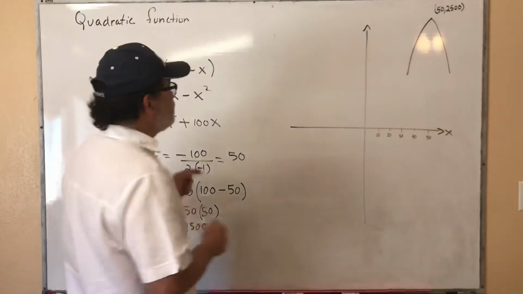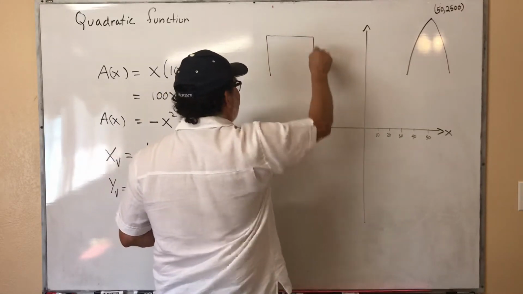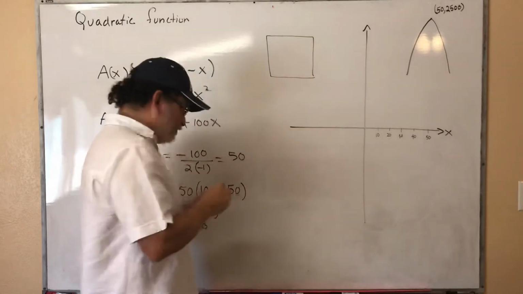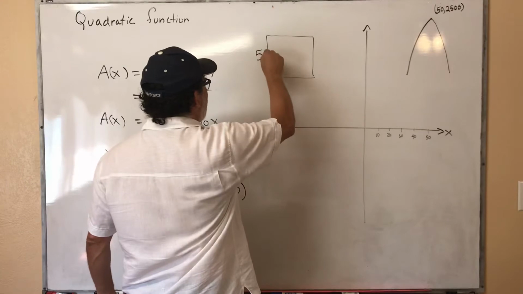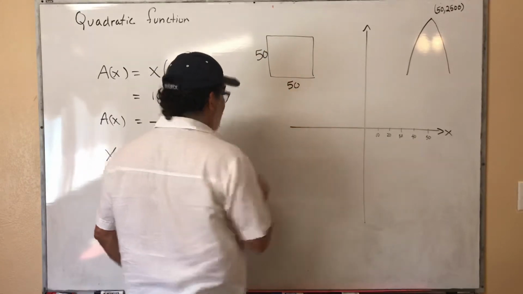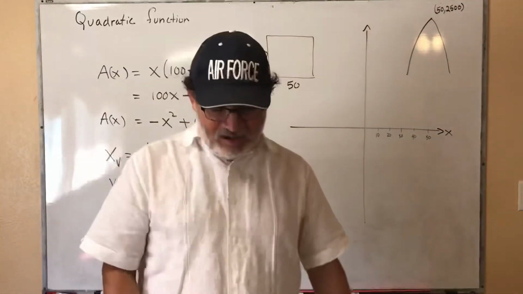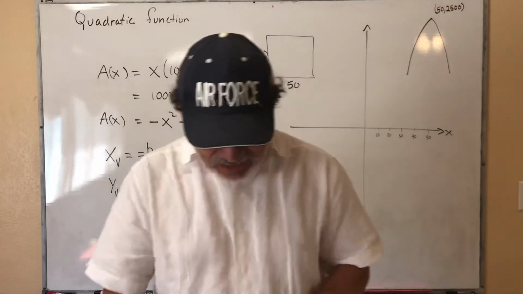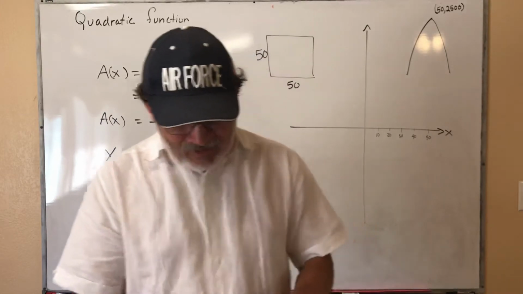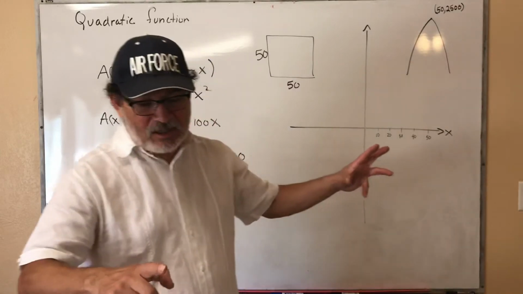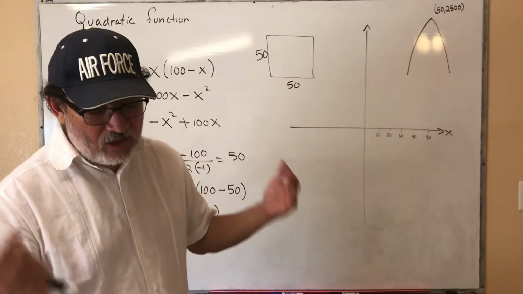So this family has a fence, okay? And so a 50 here and a 50 there maximizes the area for this enclosed, it says homeowner has 200 feet of fence to enclose the area.